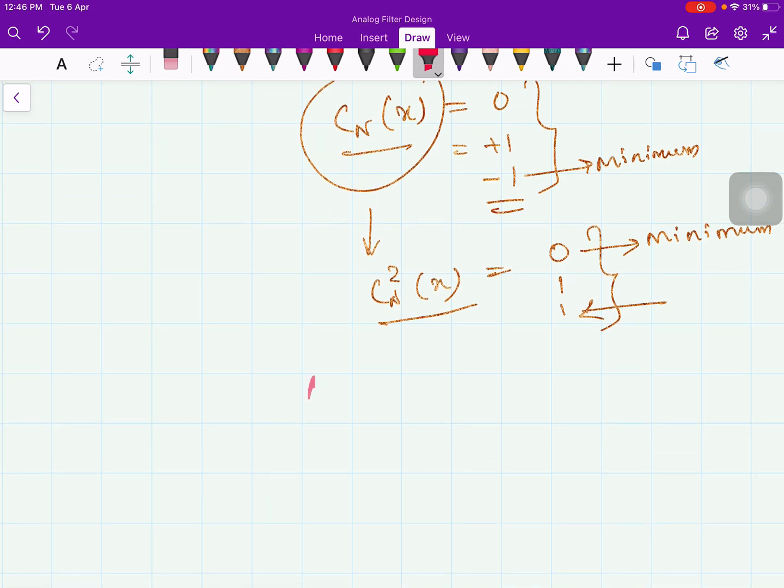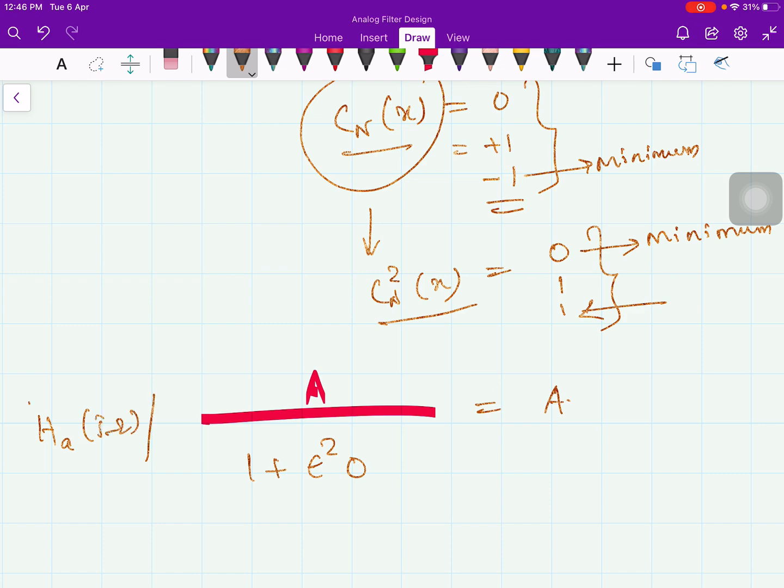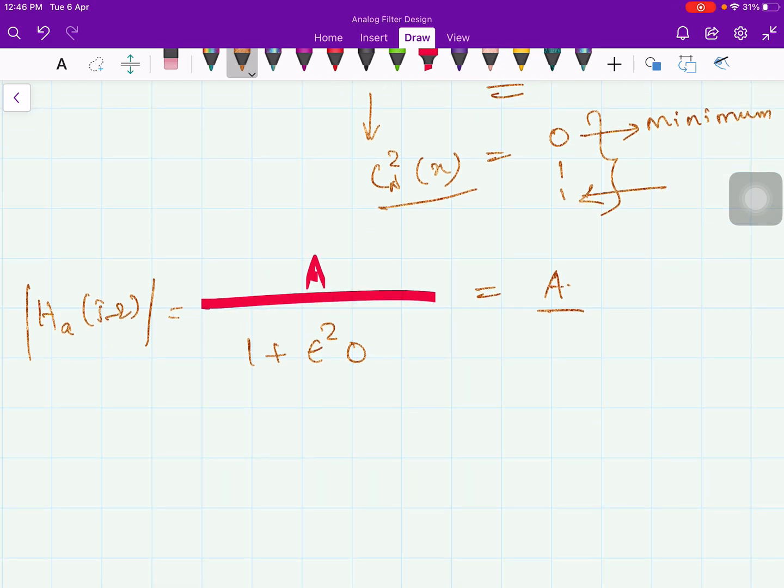So in that expression, A divided by 1 plus epsilon squared times 0, therefore it is A. Therefore the magnitude of HA of j omega is going to be A. This is the case when Cn of omega by omega p is equal to 0, minimum value, and this will be maximum.